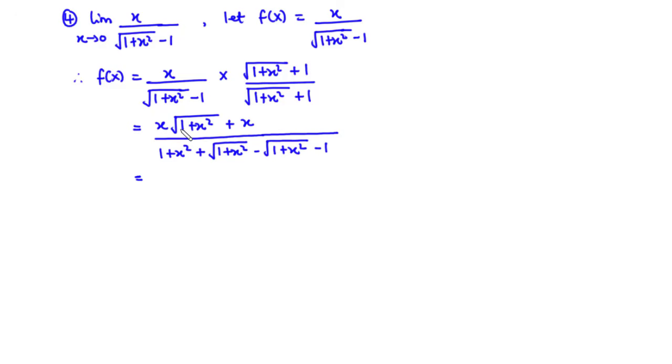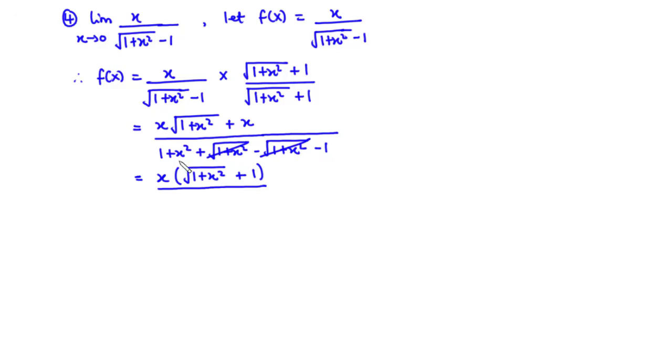Now from these two terms, x is common to both terms, so we factor out x, and then we have square root of 1 plus x squared plus 1, all divided by square root of 1 plus x squared minus square root of 1 plus x squared goes to 0.